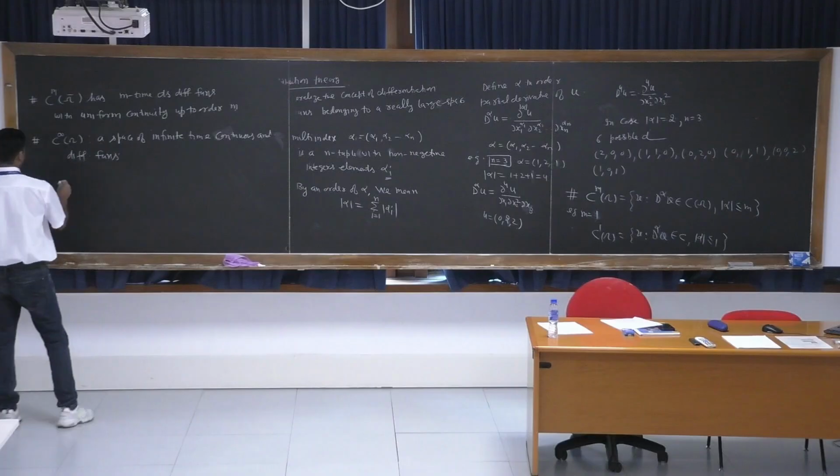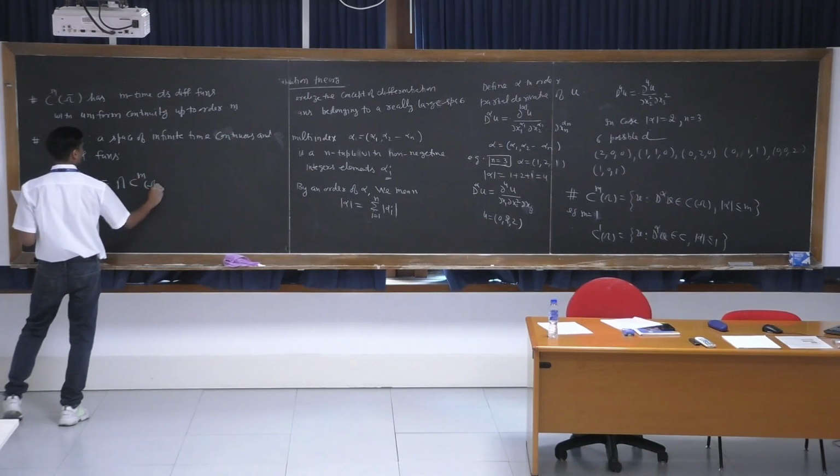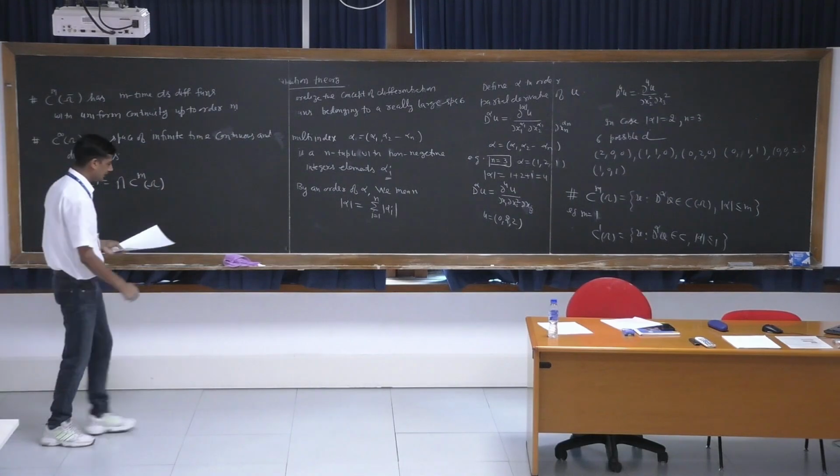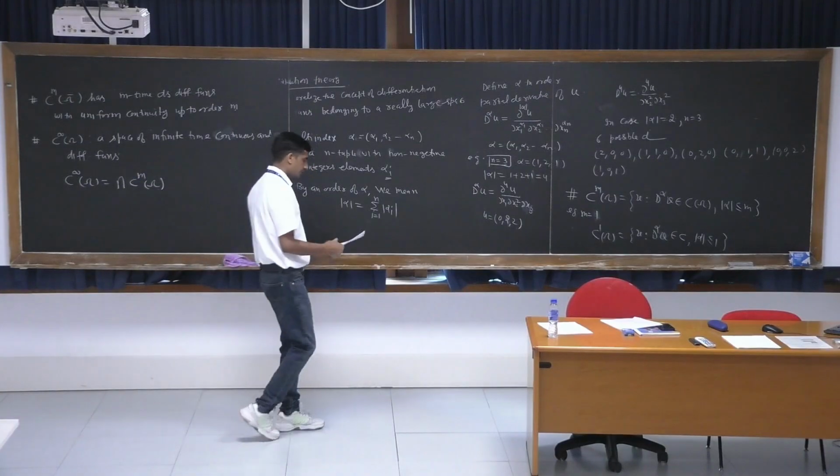Here you can write C infinity as the intersection of all the C^m. You can prove this easily, the intersection of all these function spaces.